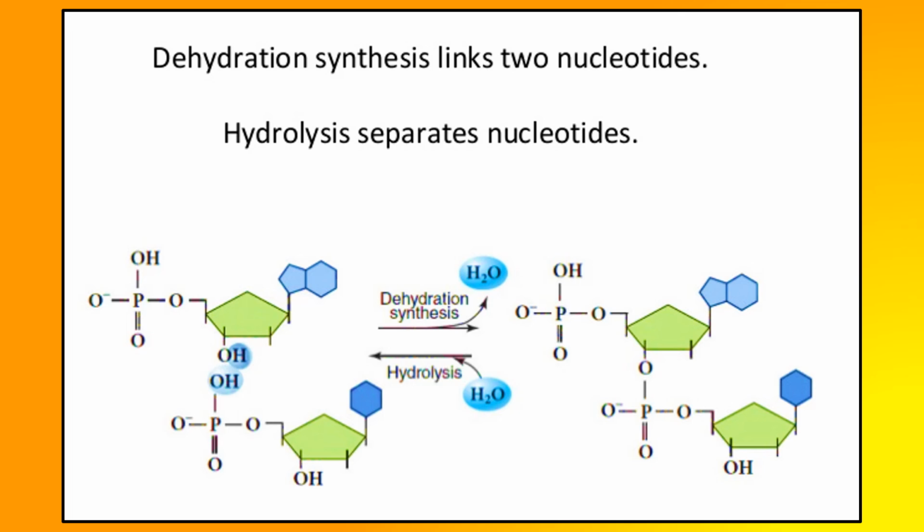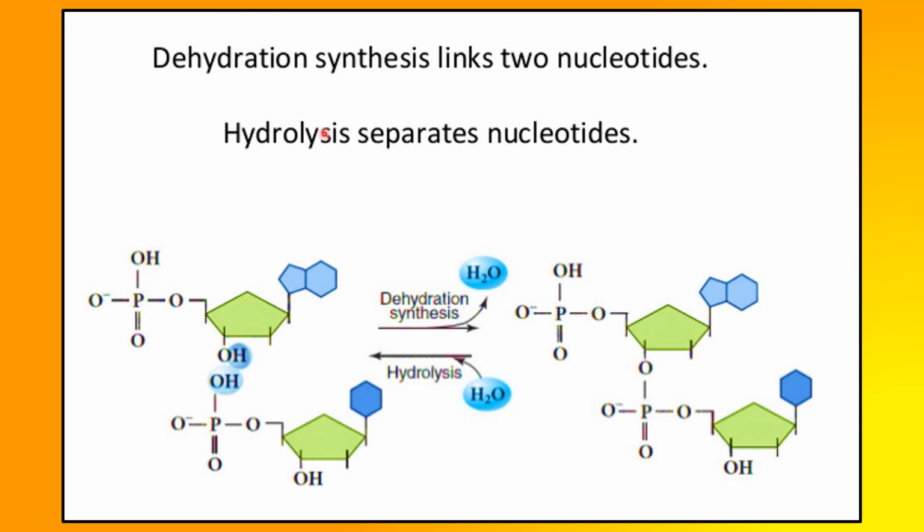So dehydration synthesis links two nucleotides together. So when we are talking about making, remember, nucleic acids are DNA and RNA. DNA and RNA are made up of chains of nucleotides. Nucleotide is the monomer.